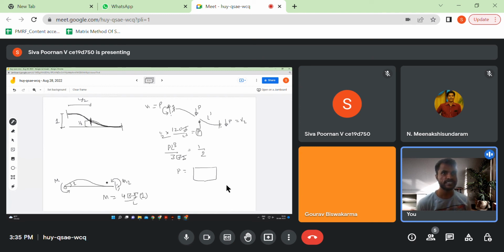M1 and M2 are in the same direction. So if this is going to be 4EI by L and this is going to be 2EI by L, which we know is half of what we applied, then the total moment in the structure is going to be 6EI by L. And 6EI by L should be compensated by the shear forces. This total is anti-clockwise, so we need to produce a clockwise moment through shear force. That 6EI by L will be compensated by 6EI by L square here and 6EI by L square here.